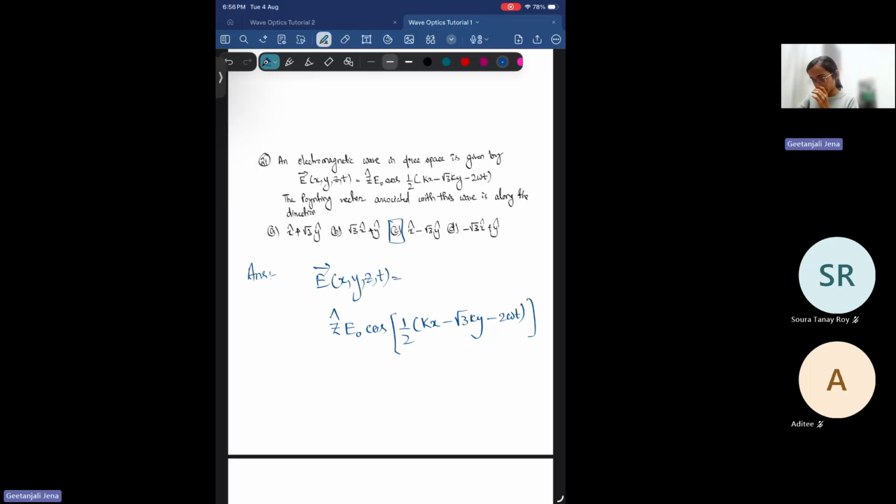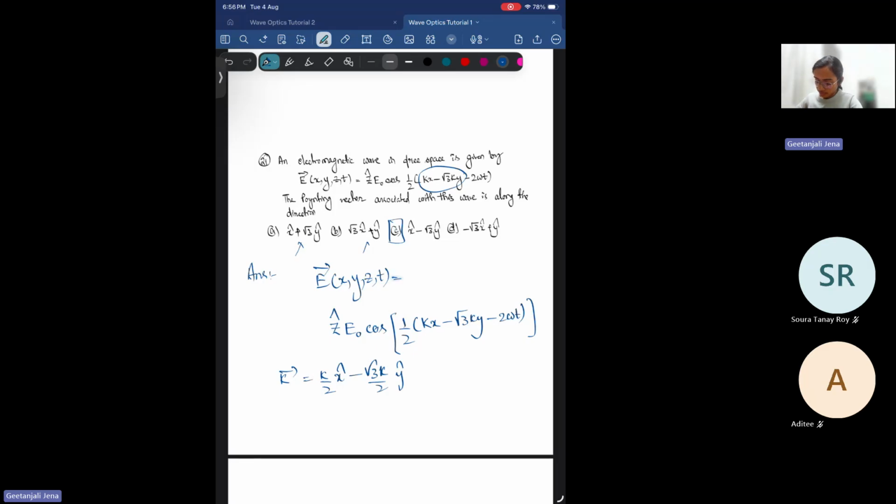So to find the Poynting vector, you can see in the answer it is written in terms of unit vector. So you need to find the unit vector along the propagation direction, which is quite easy to find out because here we have k by 2 x cap minus root 3 k by 2 y cap.